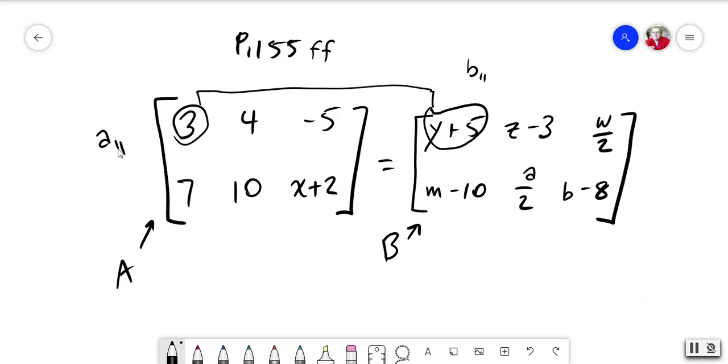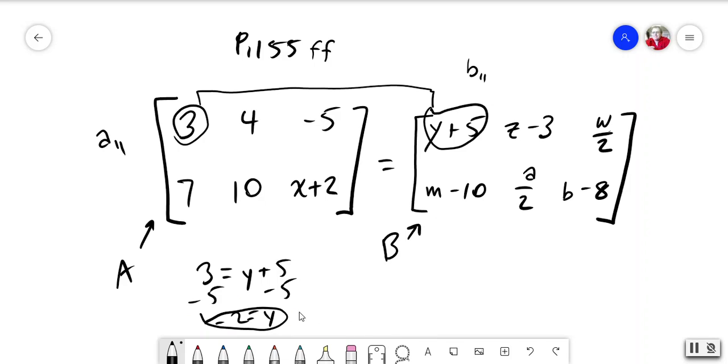Remember, row and column. So I can just set them equal. 3 equals y plus 5. So solving that as usual, y equals -2.